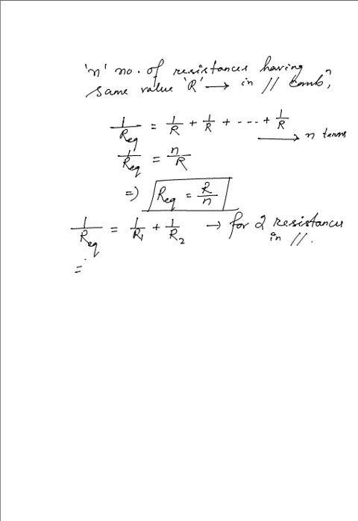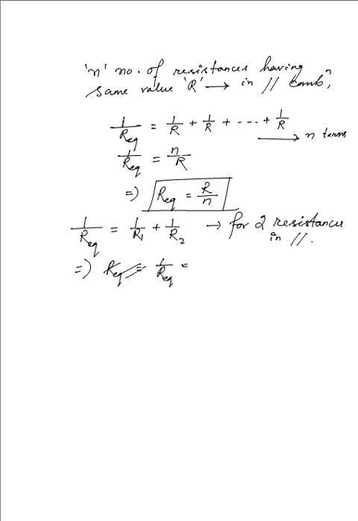So in that case, we have R equivalent equal to, you can take the LCM on the right hand side, that comes out to be R1 times R2, and then, okay, let me just do it for you in case you cannot follow.